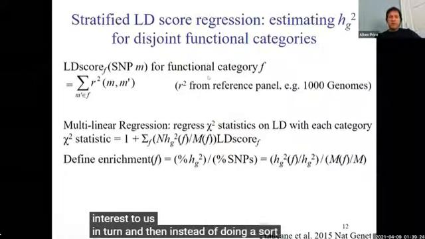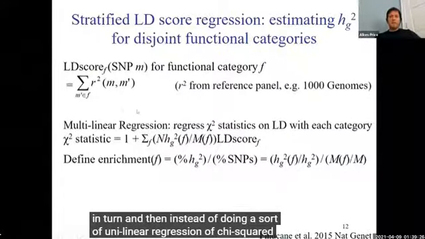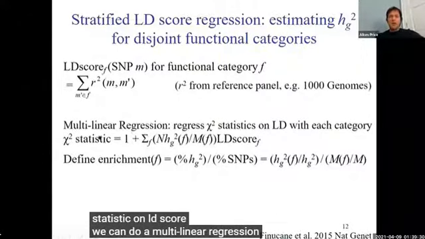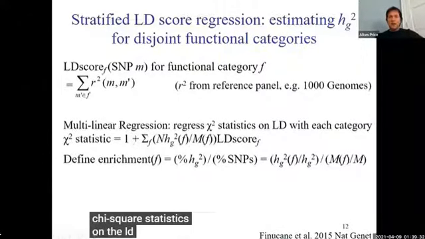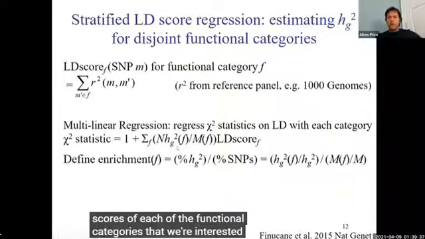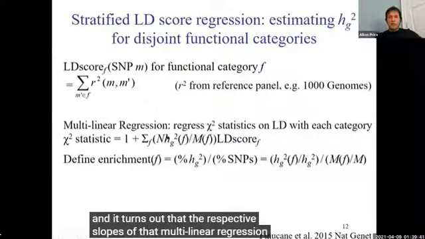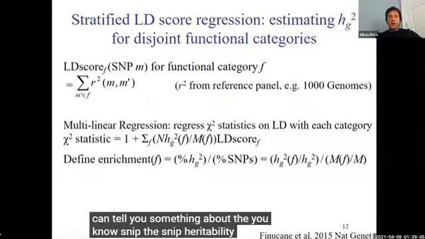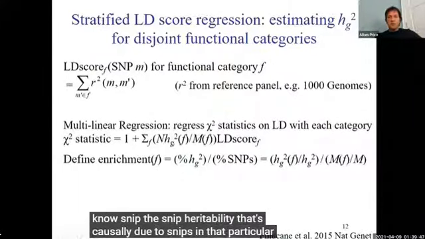And then instead of doing a simple linear regression of chi-squared statistic on LD score, we can do a multilinear regression of chi-squared statistics on the respective LD scores of each of the functional categories that we're interested in. And it turns out that the respective slopes of that multilinear regression can tell you something about the SNP heritability that's causally due to SNPs in that particular functional category.